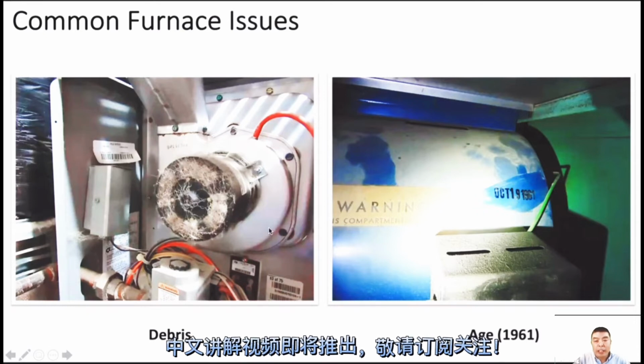In new furnaces, the heat exchanger is maybe steel or aluminum, so it cannot last that long. We can see some old furnaces that are over 50 years old, but a new furnace never lasts that long. If a furnace is over 20 years, I recommend you make notes in the report.